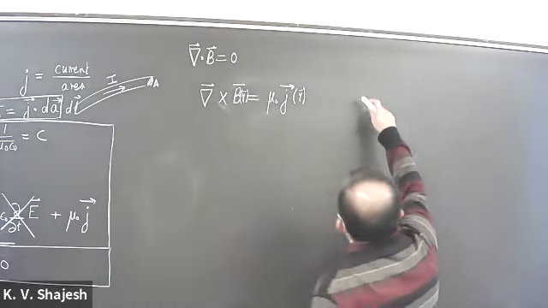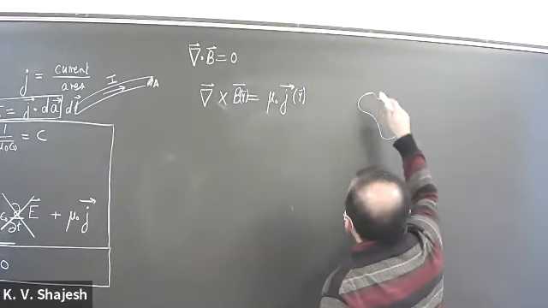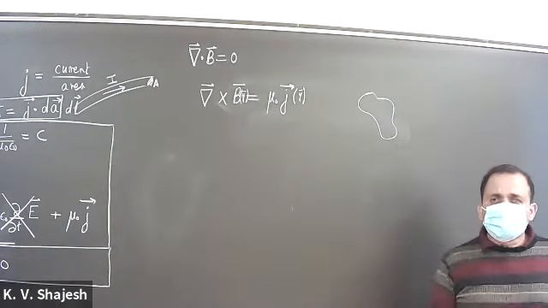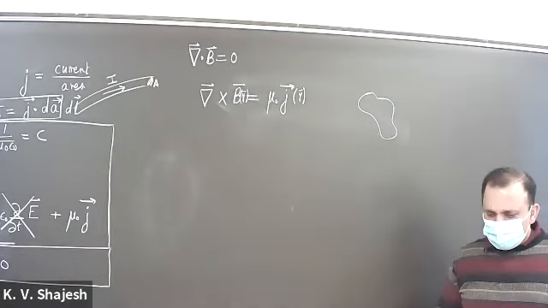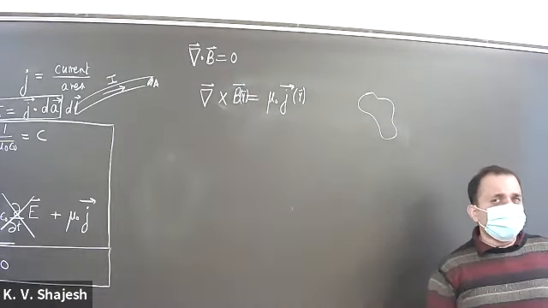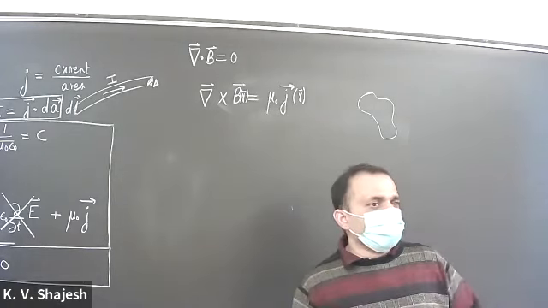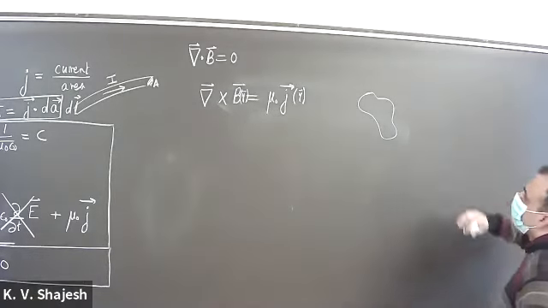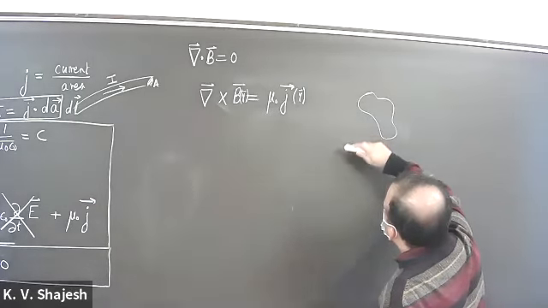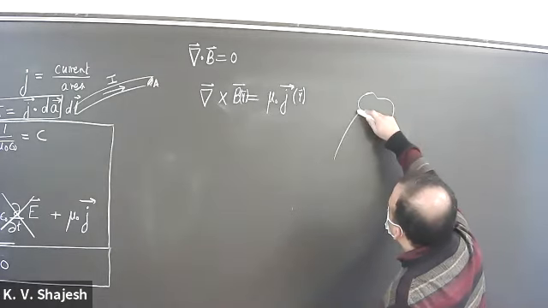Imagine a surface of your choice. This is not a physical surface. When we were doing Gauss's law, if you remember, there were two kinds of surface. One is that actually there is a surface charge. And there's another where you think of an abstract surface where the electric field is going through. So similarly, this is an abstract surface. You could pick any surface of your choice and think of a magnetic field going through this.